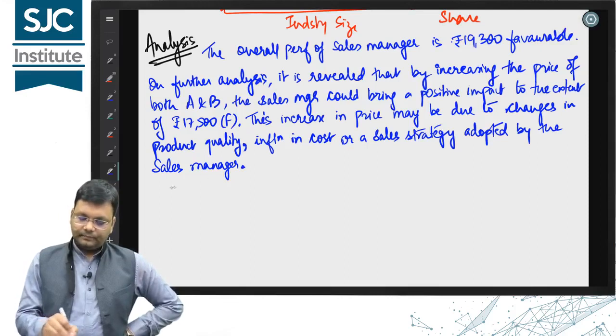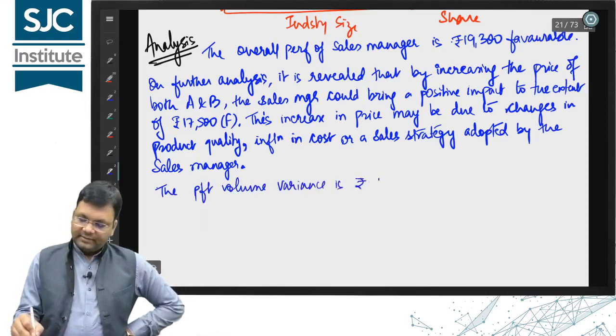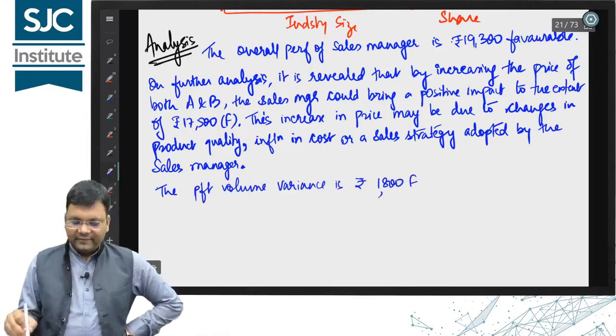Next, the profit volume variance is rupees 1800 favorable.